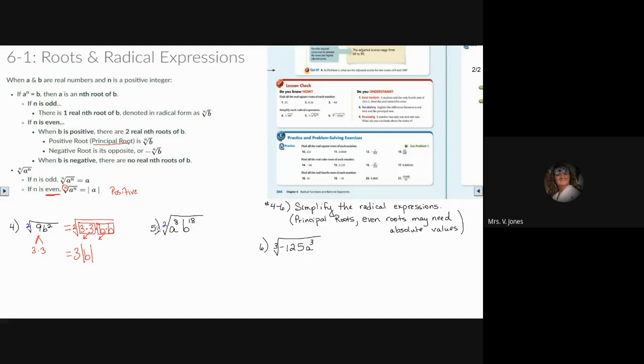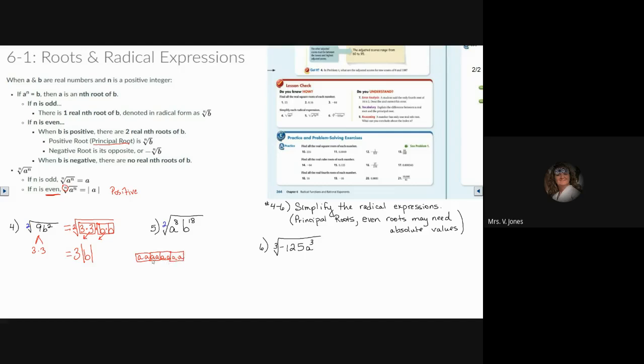On number 5, we're doing the square root of a to the 8th, b to the 18th. So if you factored all of this out, a to the 8th, you want to look and see what that looks like. Okay, I've got 8 a's here. Since it's a square root, a second root, it takes 2 of the same thing being multiplied to come out as one of them.